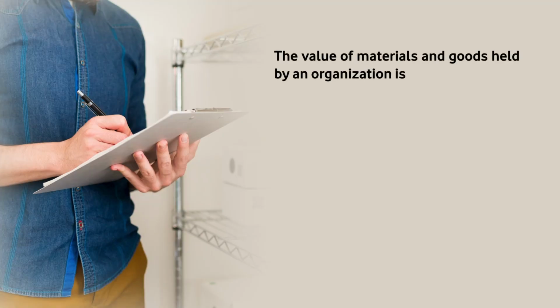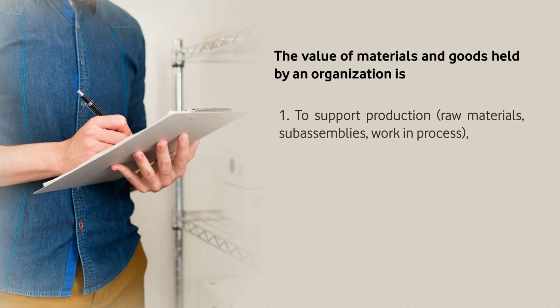Why do we need inventory? What is the value of material and goods held by an organization, and how does it help the manufacturing process? Inventory gives three types of help. First, to support production: raw materials, sub-assemblies, work in process. These are the materials we supply to manufacturing to support the production work.